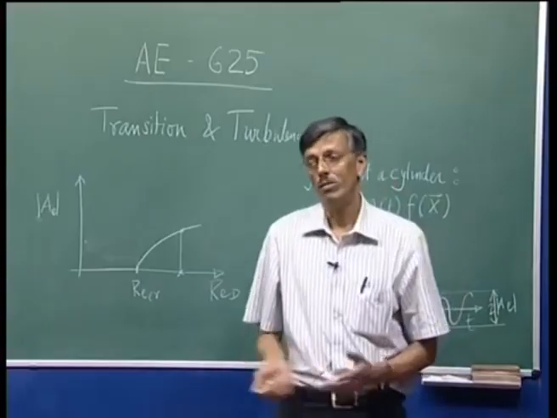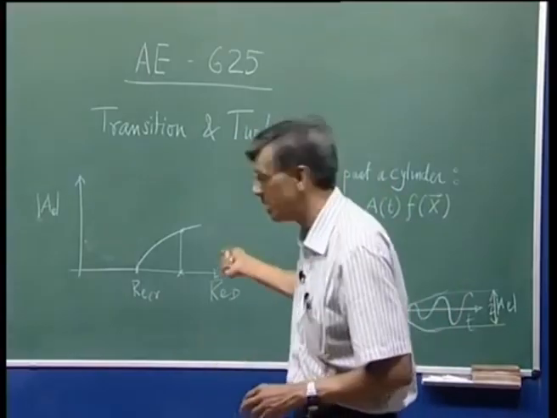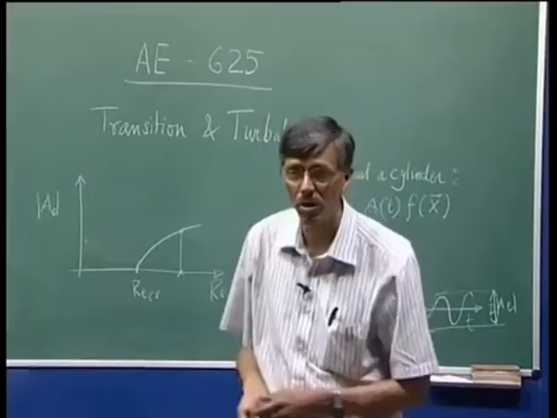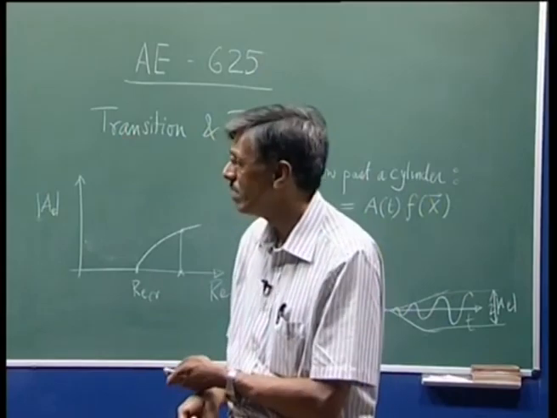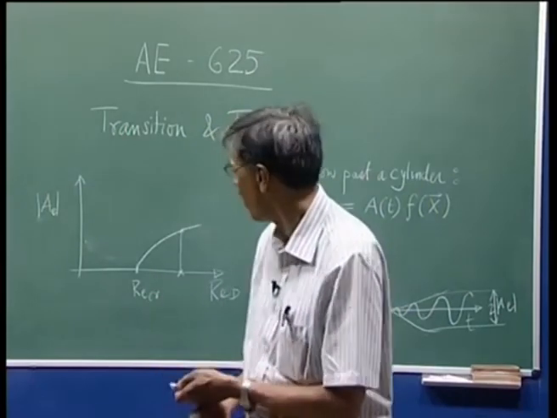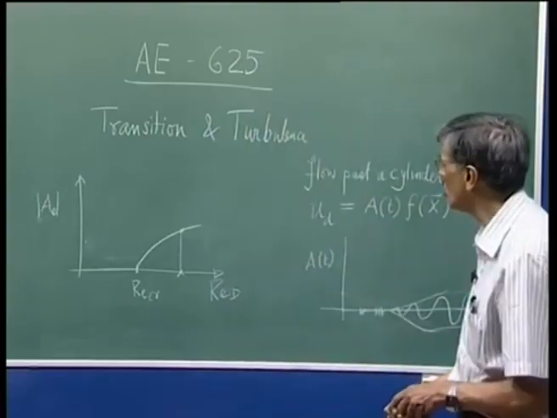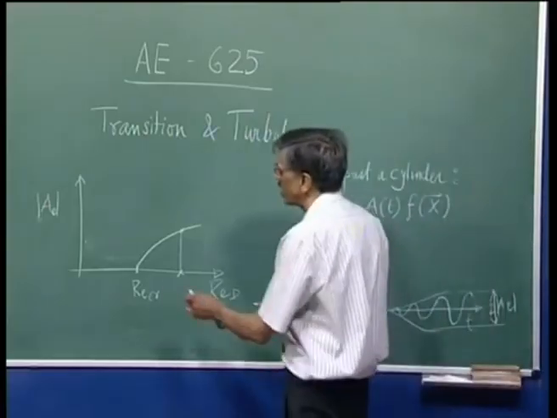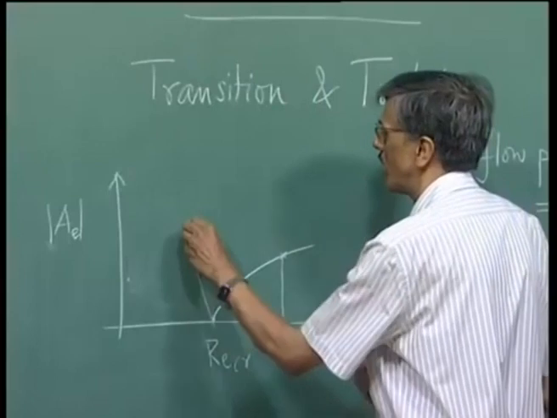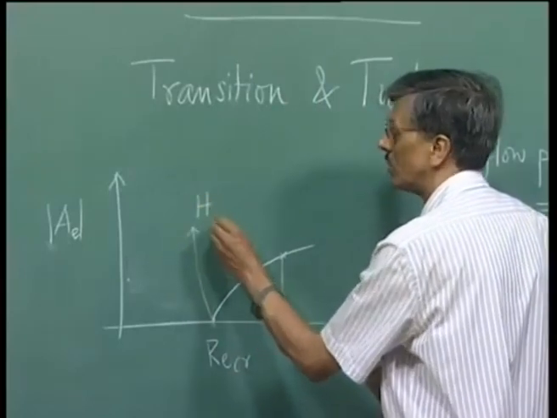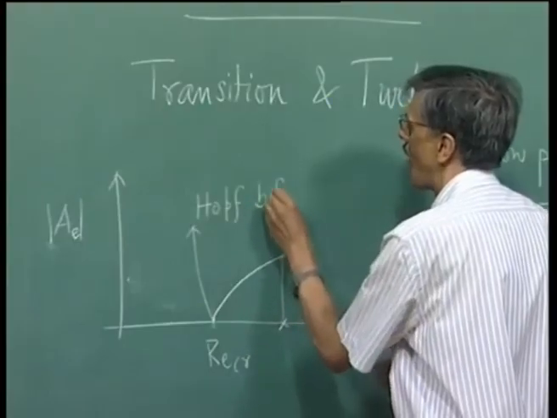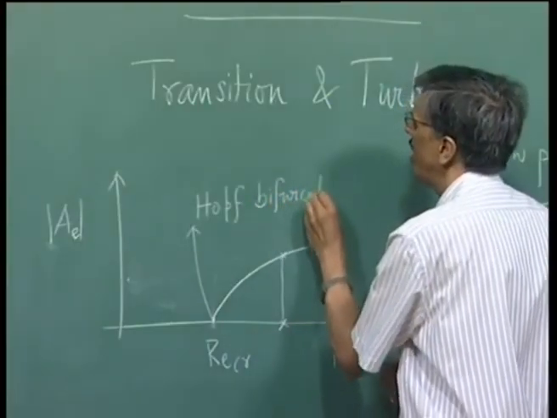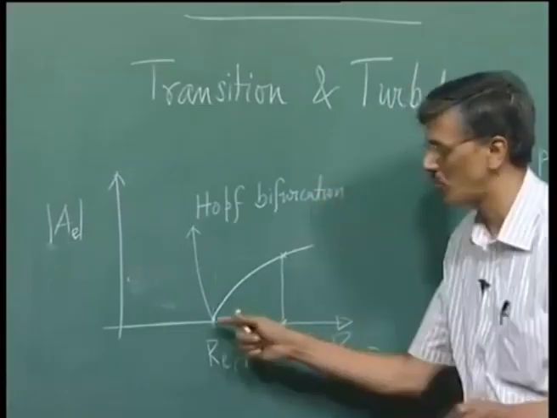Well, this is a very typical attribute of systems which suffer temporal instabilities, especially flow past bluff bodies. You can think about it. So, this kind of bifurcation is what is called a Hopf bifurcation. Well, there are many types of bifurcation. Hopf bifurcation is one of them.